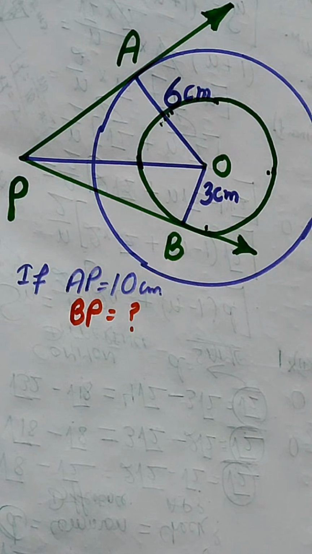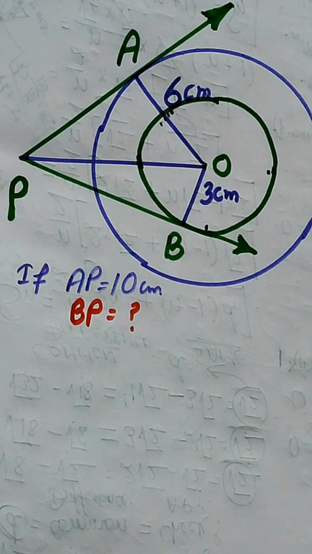So this is a question from circle chapter, and if you have gone through the circle chapter, then you may remember one of the theorems, a very common theorem, that whenever a tangent is drawn from an external point to a circle, then that tangent is equal to another tangent, or all the tangents which are drawn to the same circle.